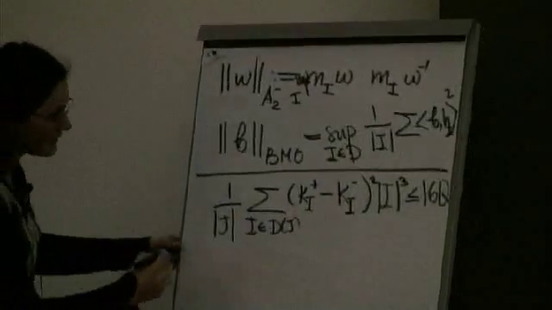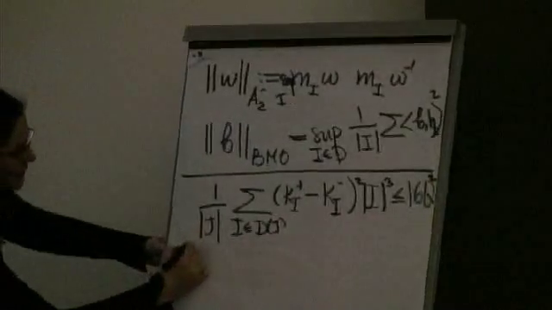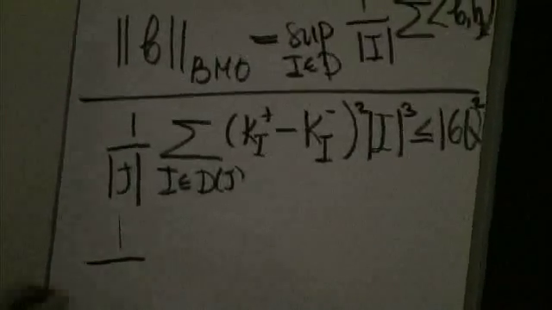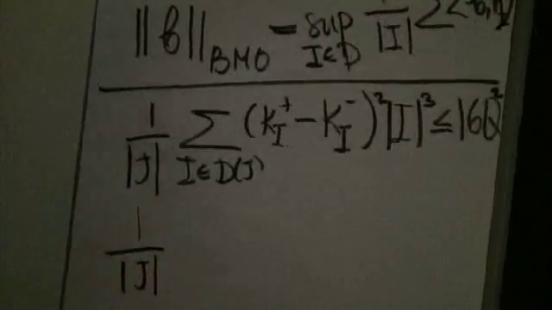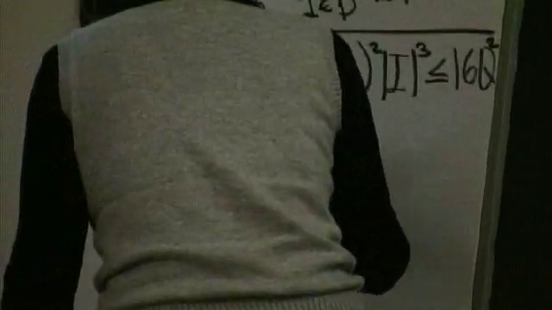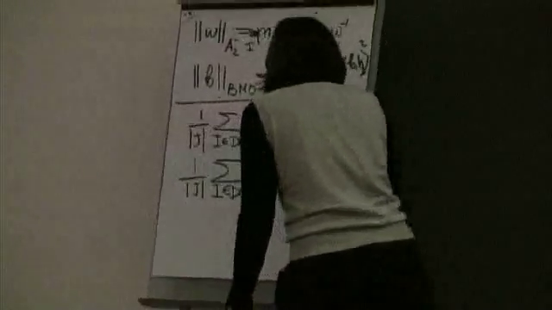And we know that 1 over the length of J, sum over I belonging to the dyadics of J, of k_I plus k_I minus, plus minus are on the top, times the length of I squared is bounded by also some constant 8Q.